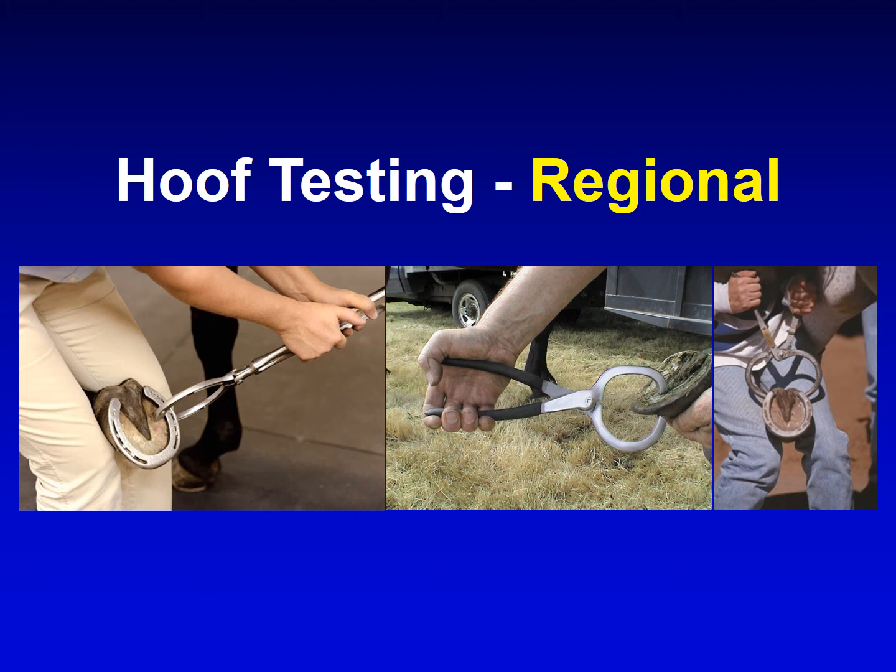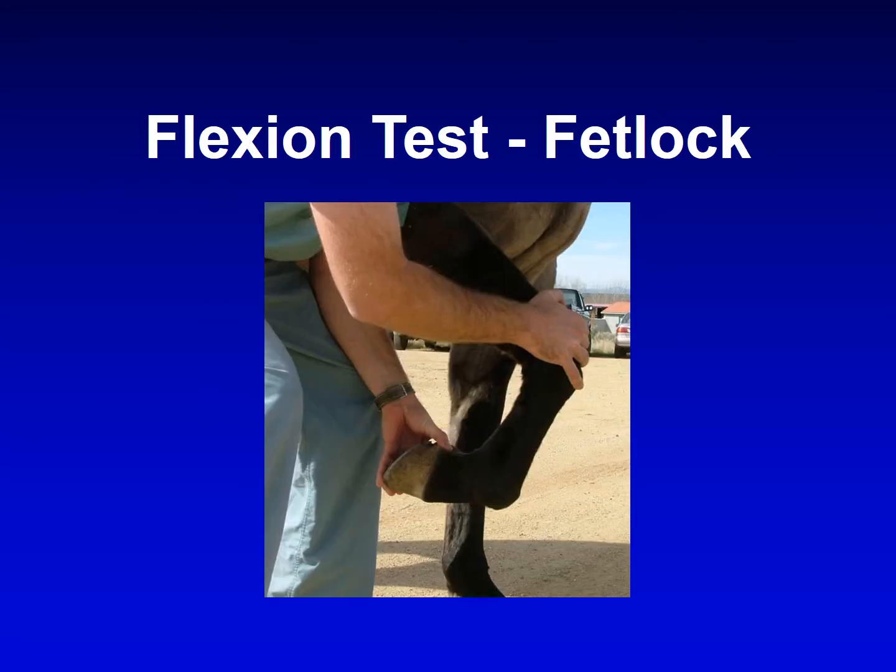After we do that, we go with the flexion tests. This is again systematic. You have to start ground up. Remember that. First of all, you flex the coffin, pastern, and fetlock together. Sometimes you flex each one separately.